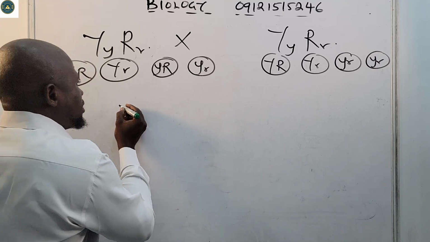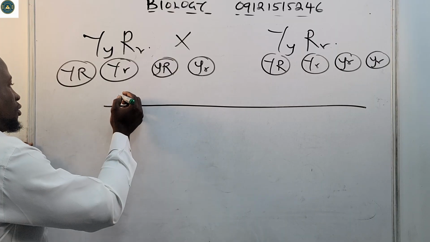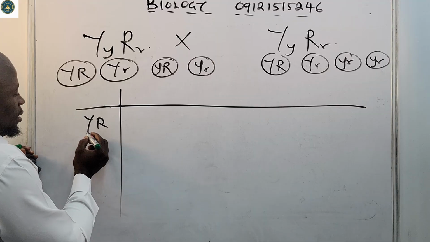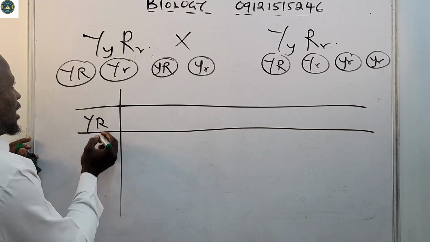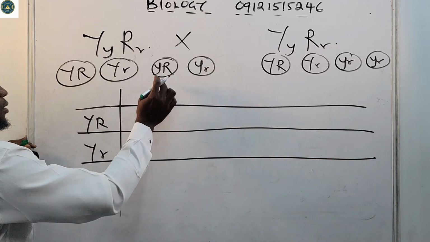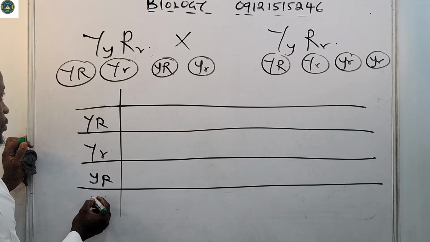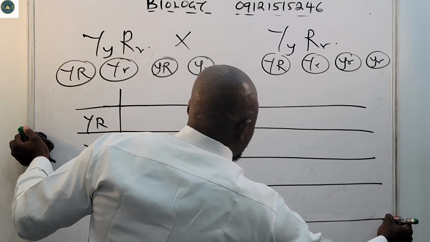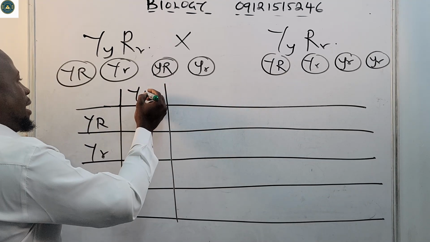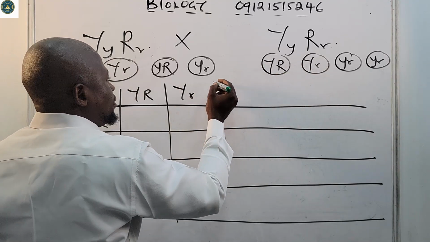This will be big. So now we have a lot of different combinations. So now I'm going to have YR. Then YR, capital letter Y and small letter R. Then up here also, for this other parent, I'm going to have YR.